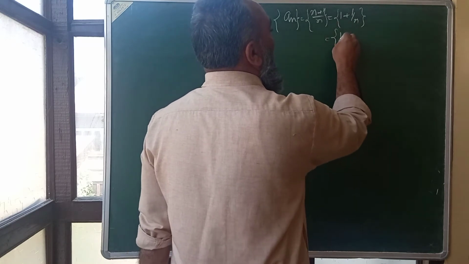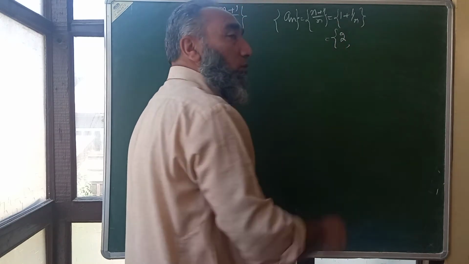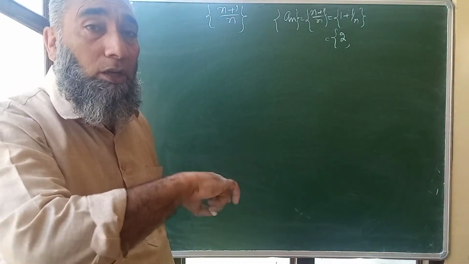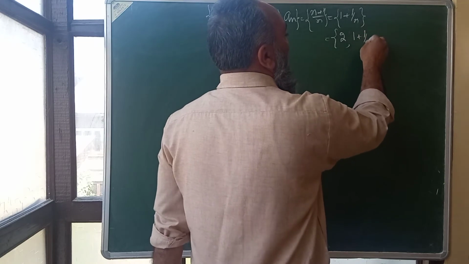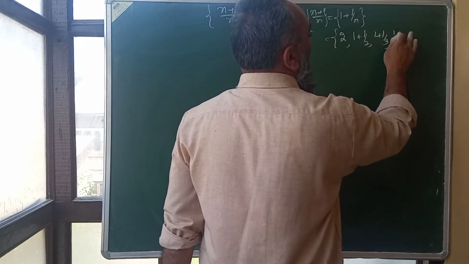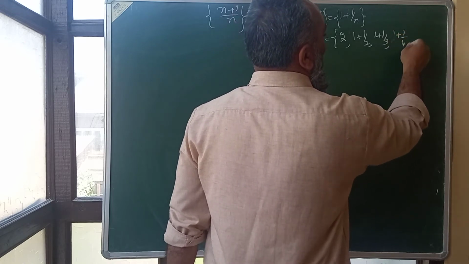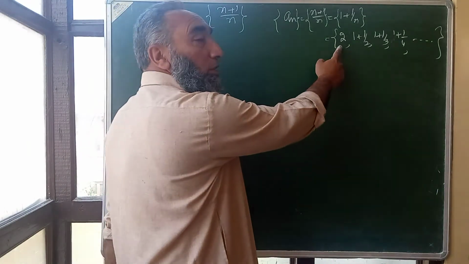When n is 1, it is 1 plus 1, which is 2. The set of positive integers starts from 1. When n is 2, it is 1 plus 1 by 2, then 1 plus 1 by 3, 1 plus 1 by 4, and so on.